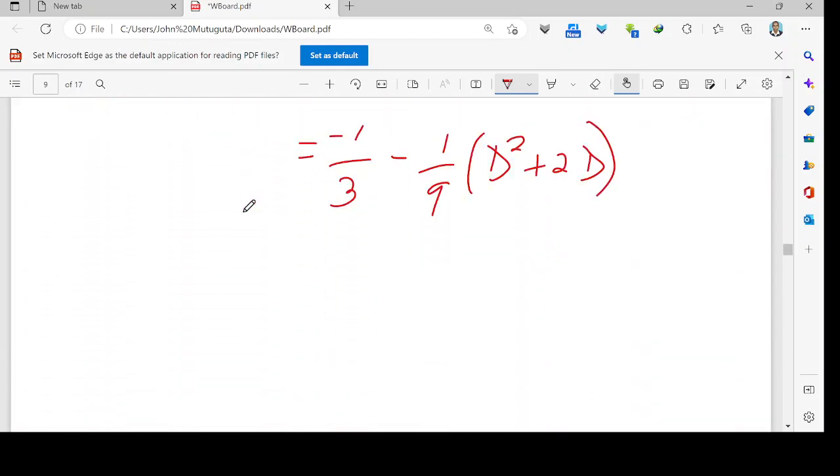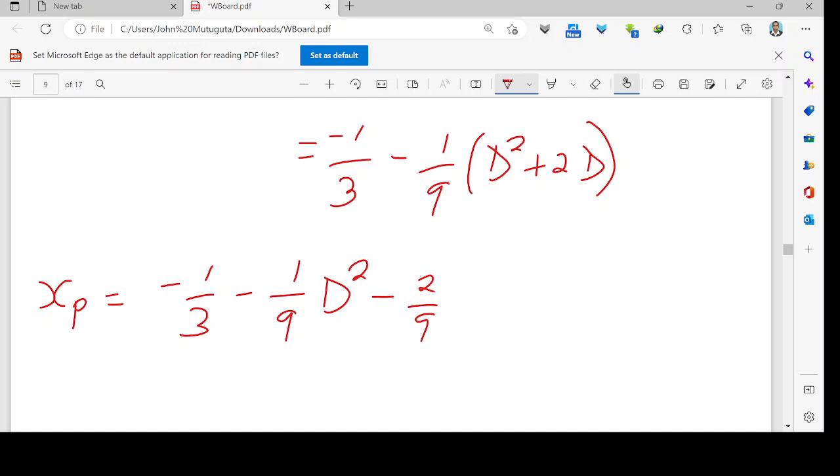So we get xp as minus 1 over 3 minus 1 over 9 d squared minus 2 over 9 d. I want to open the brackets here so that I write 1 over 9 d squared, then minus 2 over 9 d.